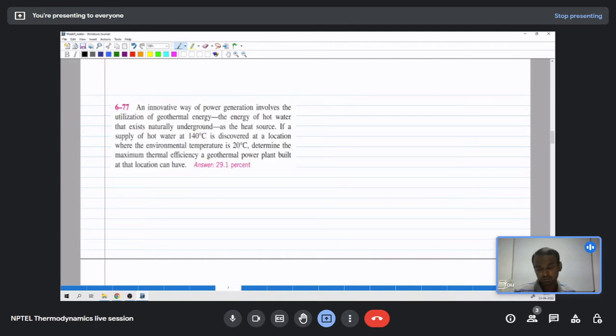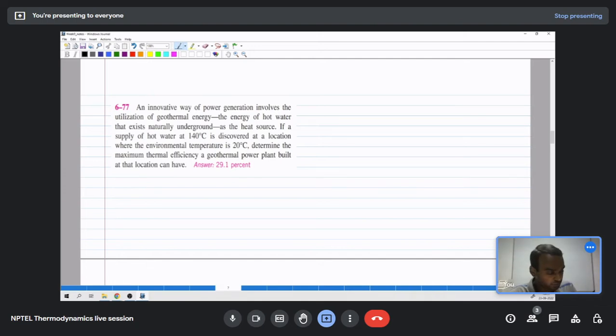In the next problem, there is an innovative way of power generation which involves the utilization of geothermal energy, the energy of hot water that exists naturally underground, as a heat source. If a supply of hot water at 140 degrees Celsius is discovered at a location where the environmental temperature is 20 degrees Celsius, determine the maximum thermal efficiency a geothermal power plant built at that location can have.